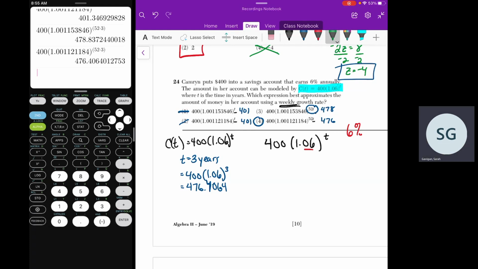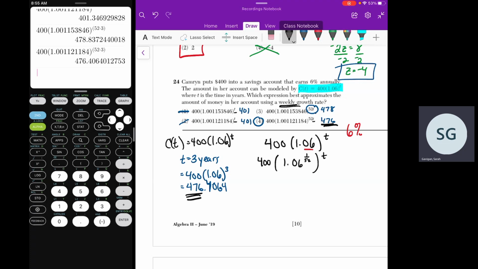So to go from years to weeks, 1 week is 1/52nd of a year. So if I do 1/52, these things aren't the same, right? That's clearly not the same thing, but I need to get the same amount of money. In both cases, I got 476.